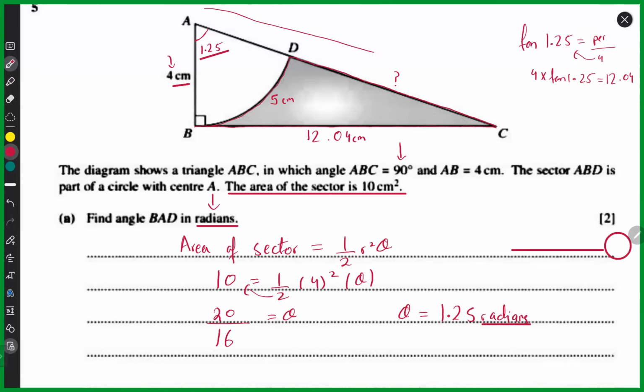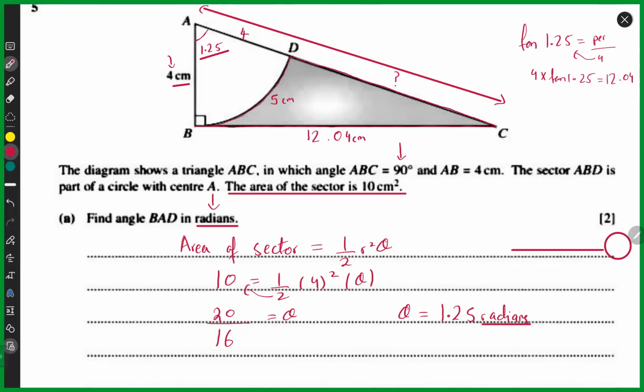When you use the Pythagoras theorem, you are going to get this entire AC. But I'm talking about DC only. So AD is 4 centimeters since AB is equal to AD. So yes, very good, we subtract AD. Excellent. The radius is the same, this is also going to be 4.